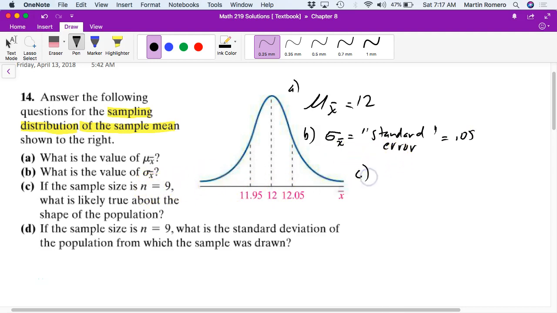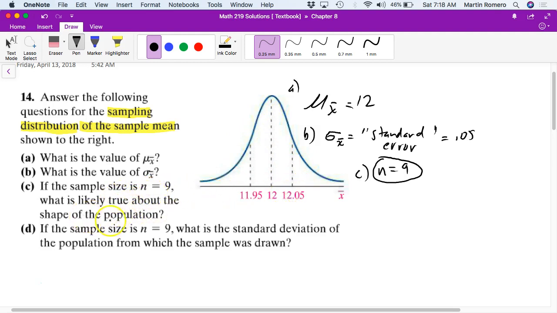Part C, if the sample size is 9, that's a very small sample size. And so remember, we like larger sample sizes. That would assure us that we have enough in our sample to draw these conclusions. So it's a small sample size.